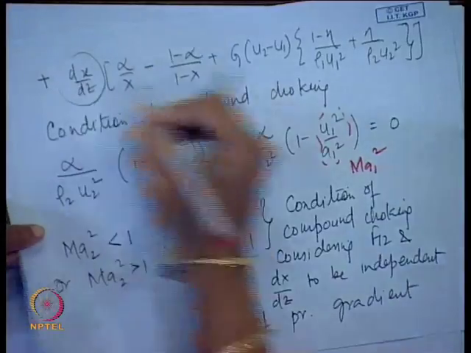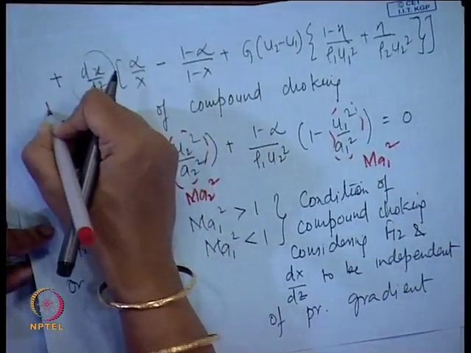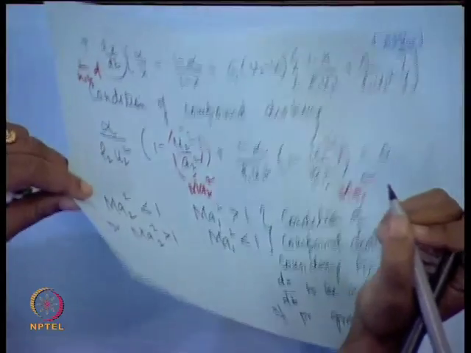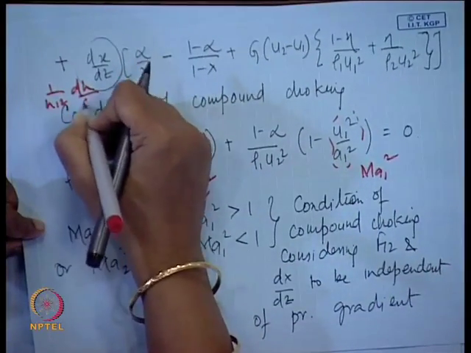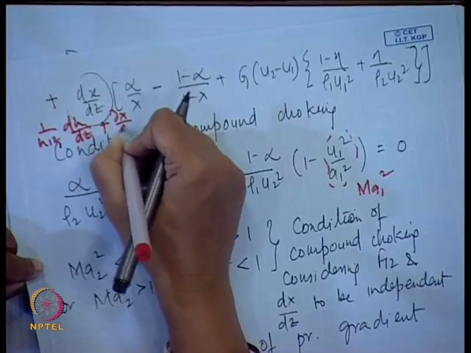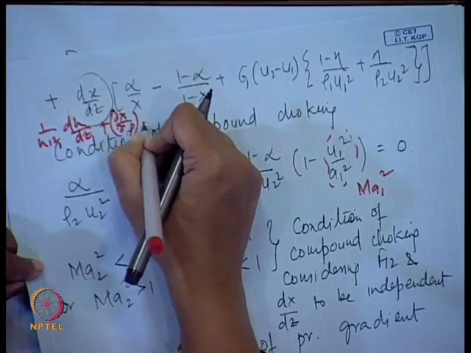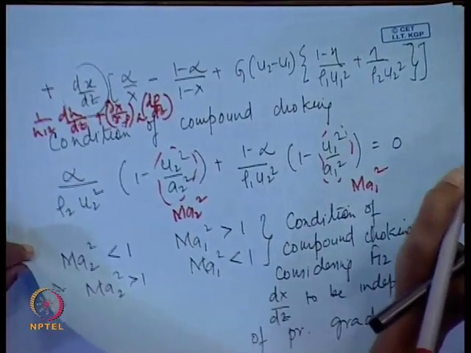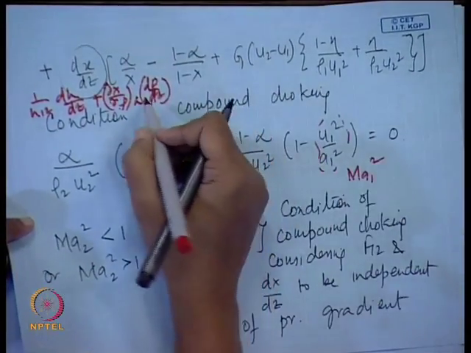So, instead of dx dz, we can write it down as 1 by h12 dh dz plus del x del p at constant h dp dz. Yes or no?